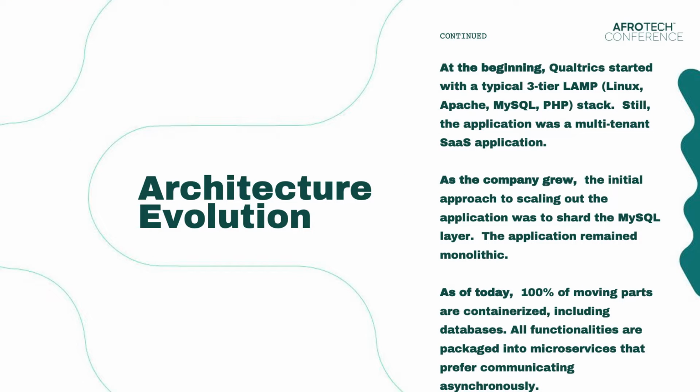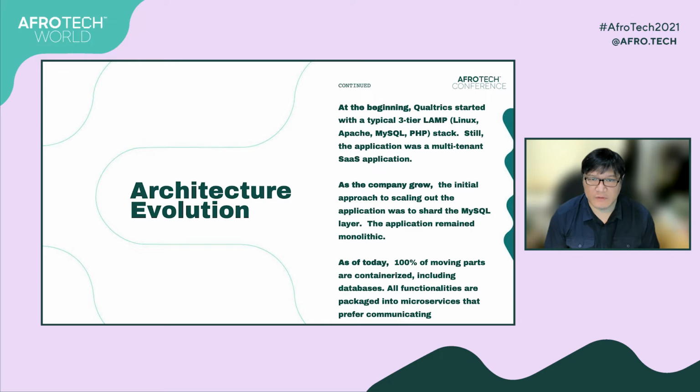So it might be interesting to talk briefly about a little bit of history behind the architecture and the work that we were doing in the last 6 years. Qualtrics started, like many other companies, as a pretty typical 3-tier web architecture, also referred to as LAMP stack sometimes, because Linux, Apache, MySQL and PHP were a very successful and popular combination of technologies that people used.